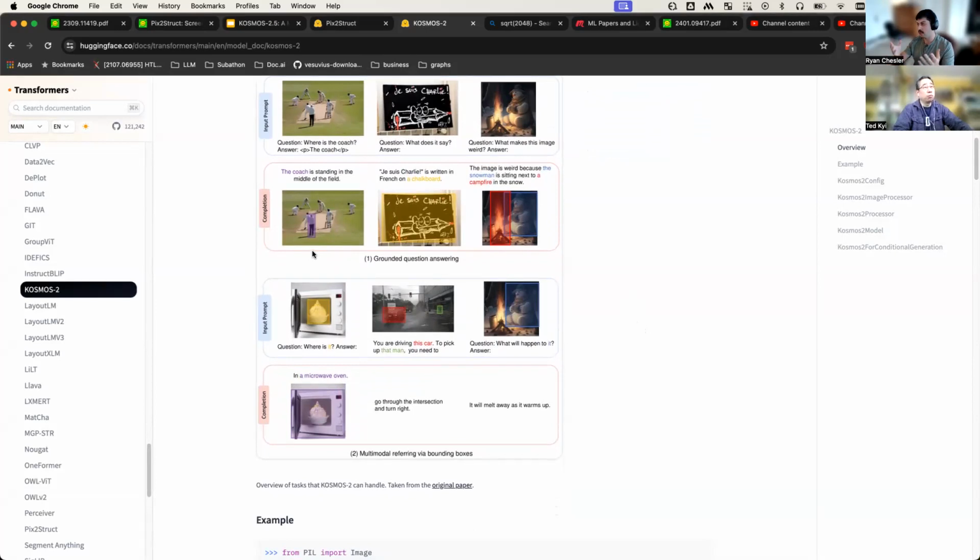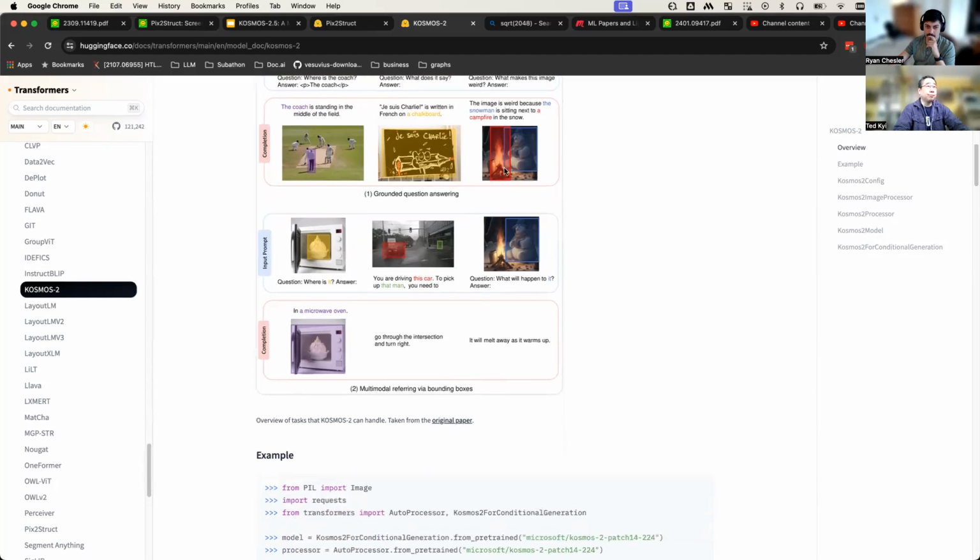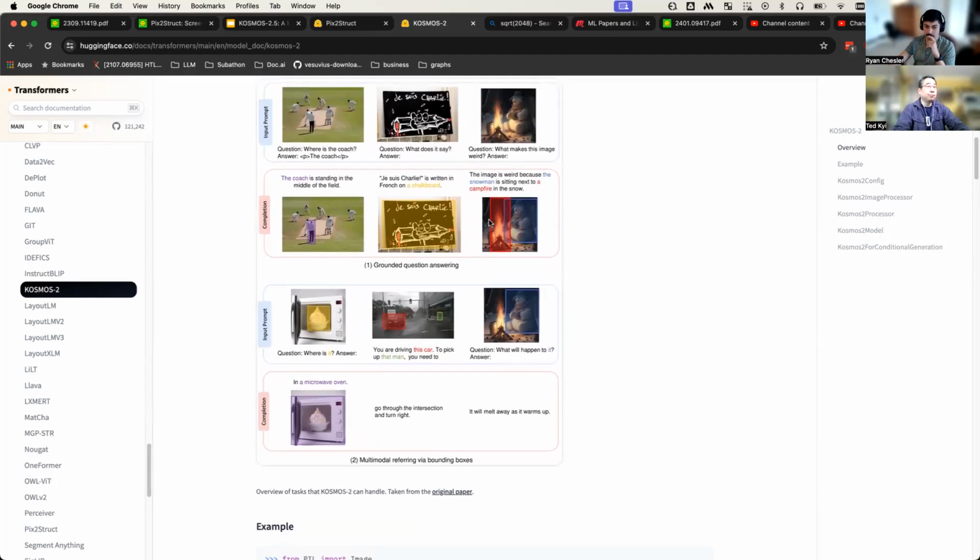So it's given the whole image, but then it's also given a bounding box of something that I want to ask a question about. You can say like the coach, but then the coach is actually something that you highlight and say, here's the coach, respond to the question about this thing. And you can even do multiple bounding boxes.